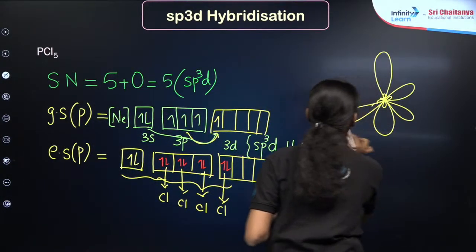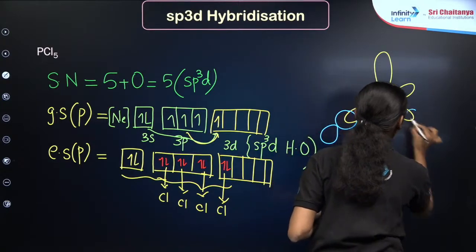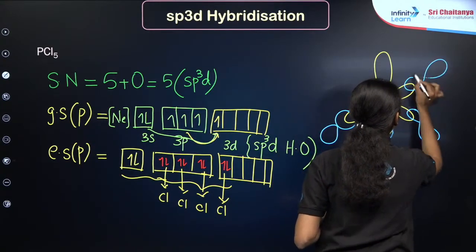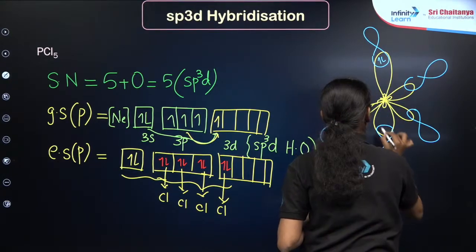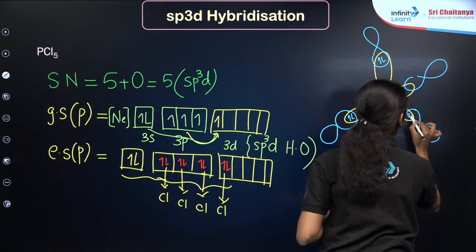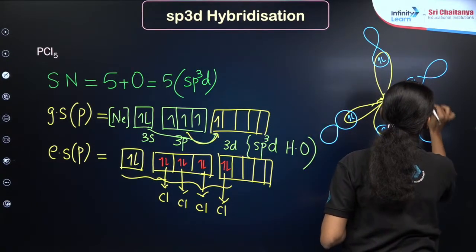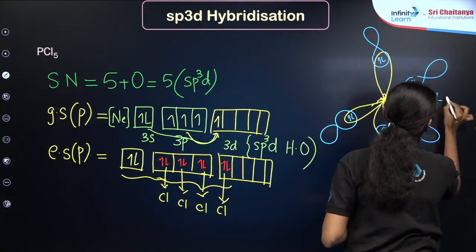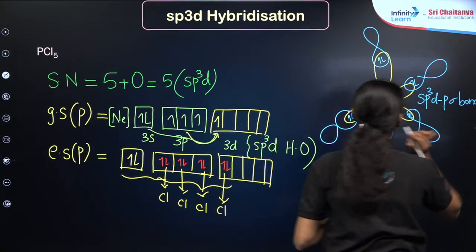Then it will undergo overlapping with the p orbital of the 5 chlorine atoms. So it will form sp3d-p sigma bonds, right? 5 sp3d-p sigma bonds.